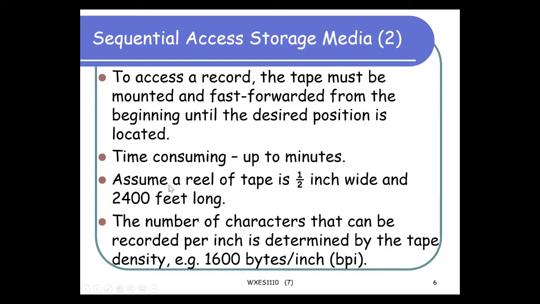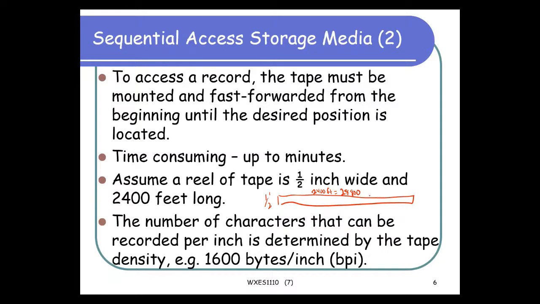To imagine the size of the magnetic tapes, we assume a reel of tape which is half an inch wide and 2,400 feet long. This one is half an inch, and it is really lengthy, 2,400 feet, or equivalent to 28,800.